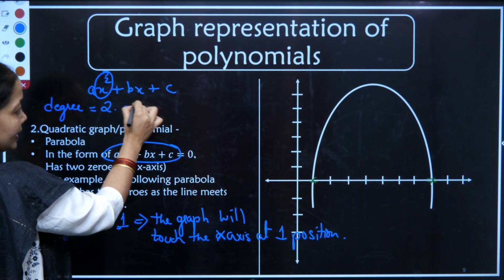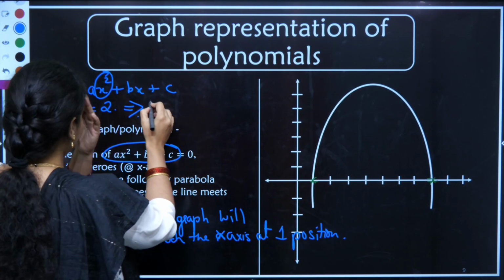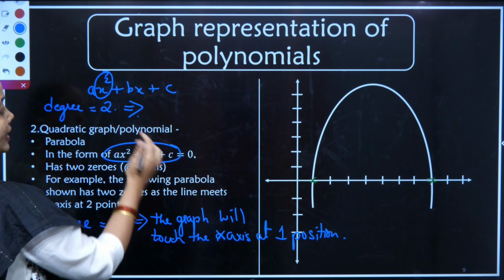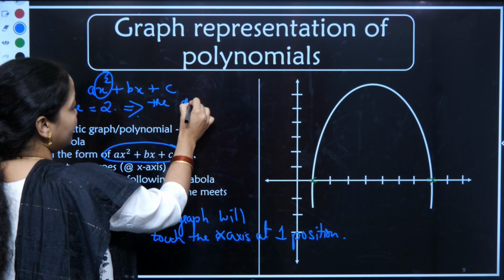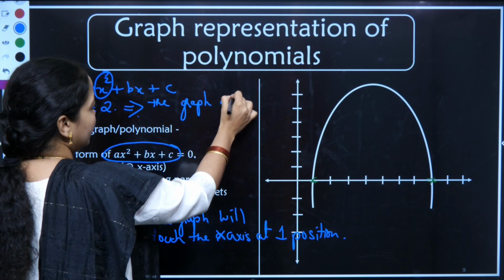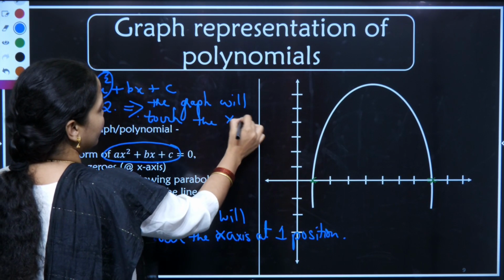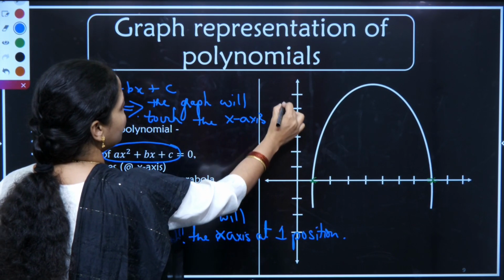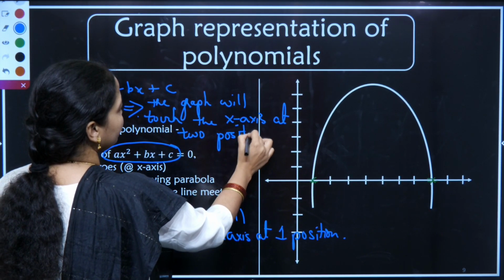When I say the degree is 2, then even without knowing the graph, I will say that the graph will touch the x-axis at two different positions.